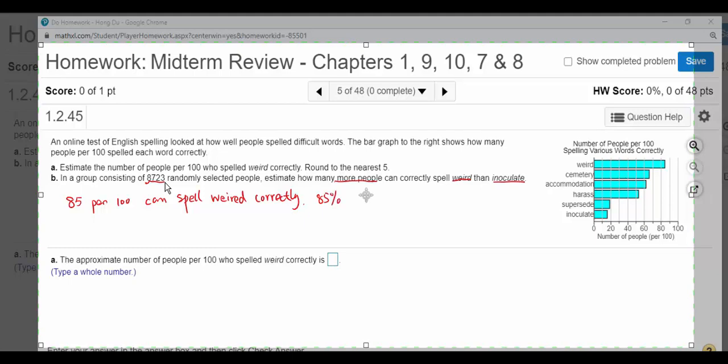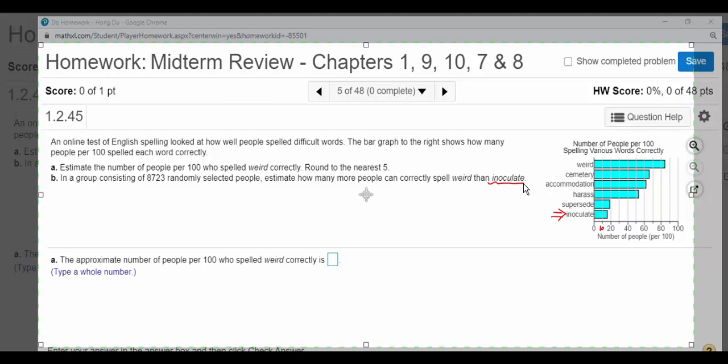Okay? And we can also find how many people can spell inoculate correctly per 100. Now let's take a look at how many people per 100 can spell inoculate correctly. Look at the last bar here. The length of this bar is between 10 and 20, so maybe 16. If we round 16 to the nearest 5, then that will be 15.